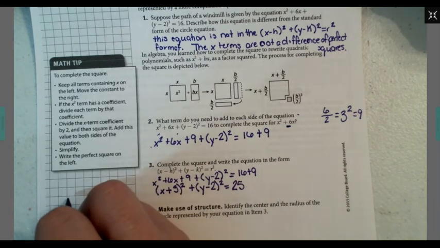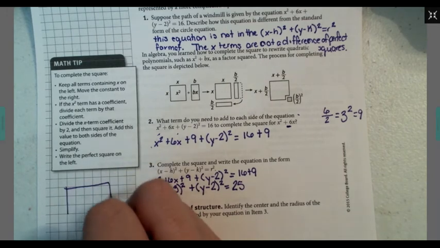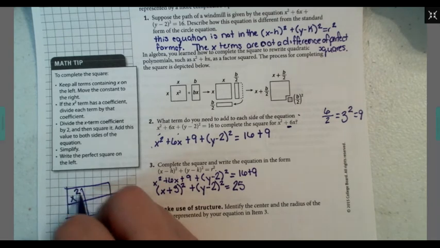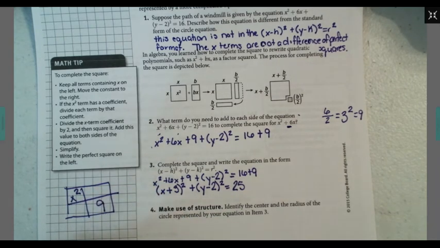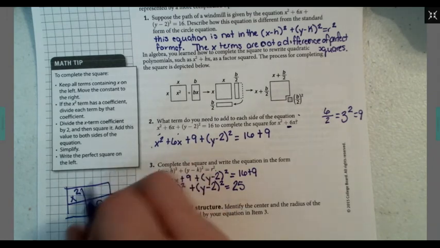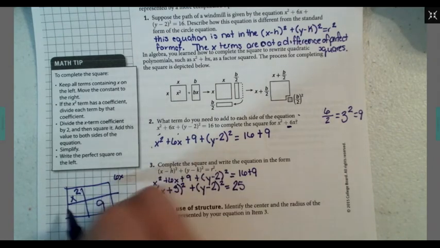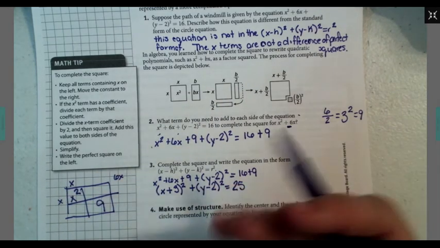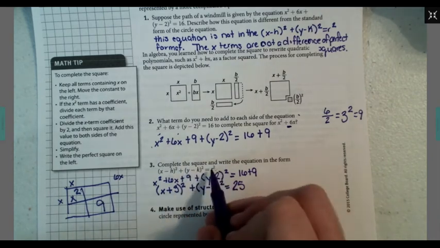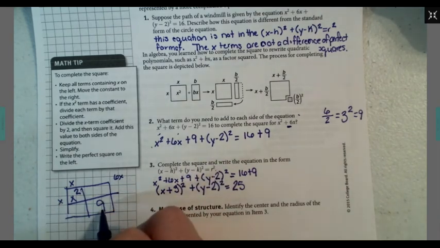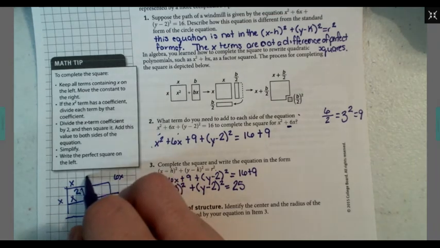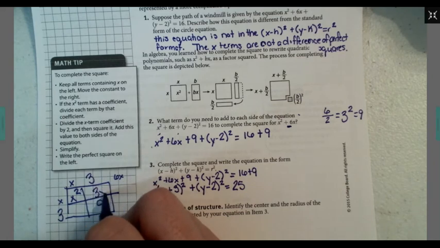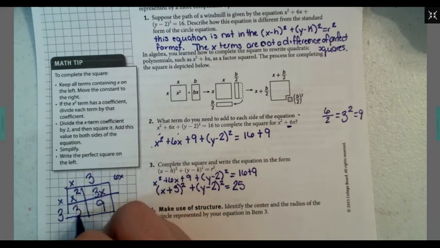Now, we know that this is x squared. We know that this is now 9. And we know that this diagonal is 6x. Well, we want it to be a perfect square. That's the reason why we completed the square. What number times itself will give me 9? 3. 3 times x is 3x. x times 3 is 3x.